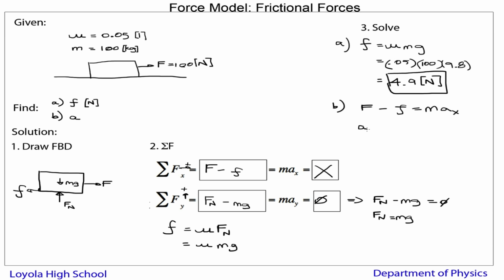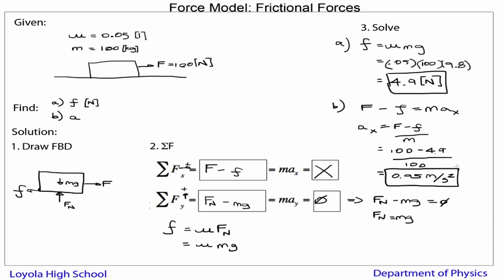So a is equal to capital F minus script F over m, which if you put the numbers in, this is 100 minus 4.9 divided by 100, which gives you 0.95 meters per second squared. So that's the acceleration rate, assuming this frictional force acts.